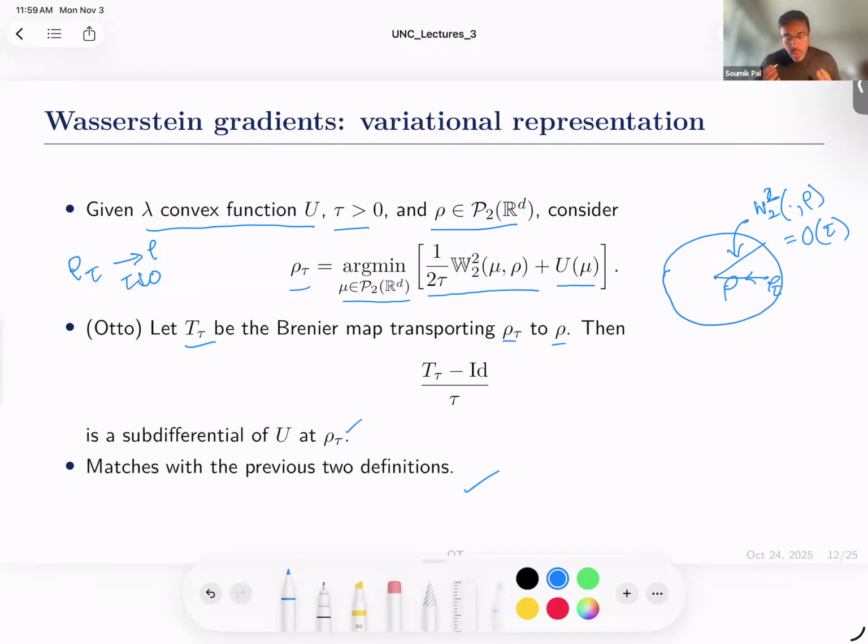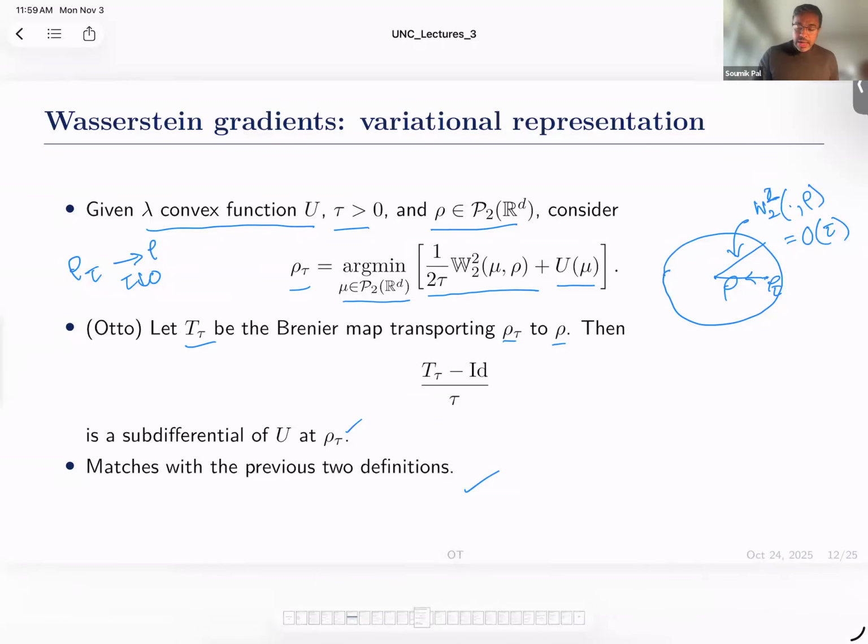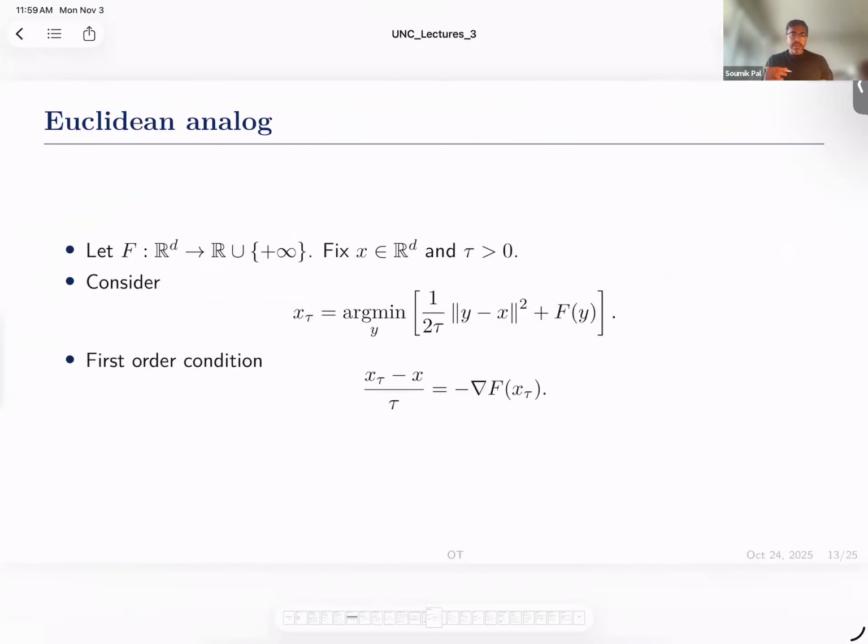Where did you get this idea from? Where did this very unintuitive idea of gradient come from? It again comes from Euclidean cases. So let's see the Euclidean nature of this object. Everybody fine with this? Okay, so let's see the Euclidean definition.